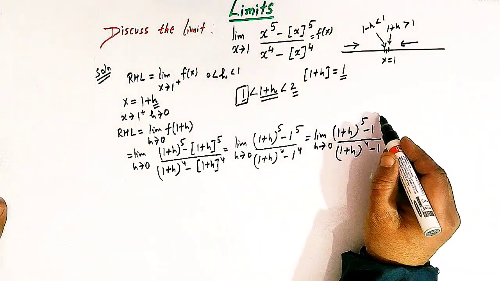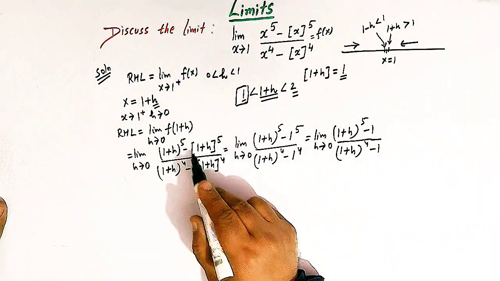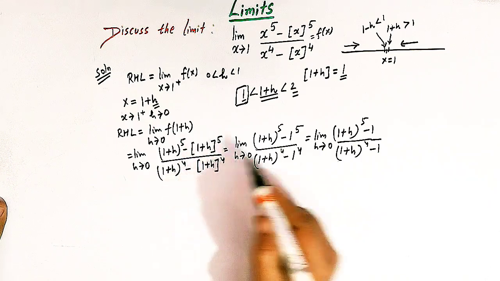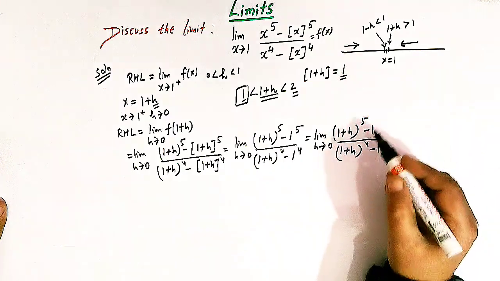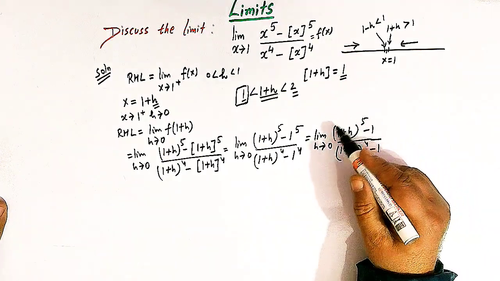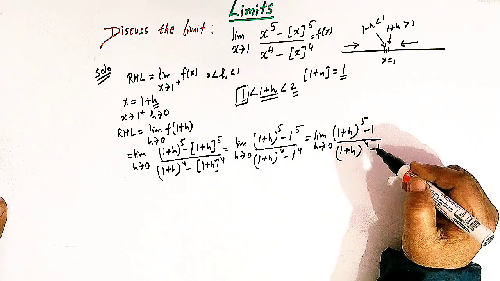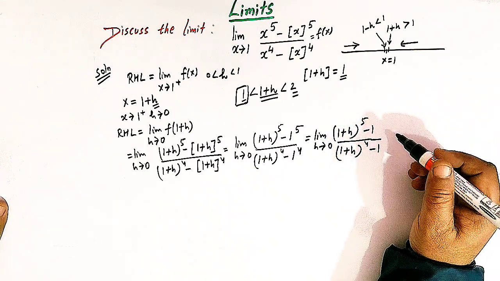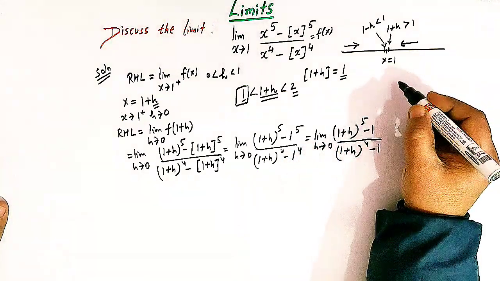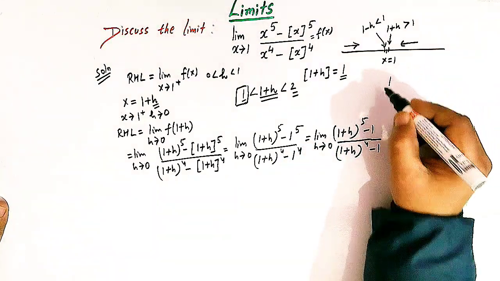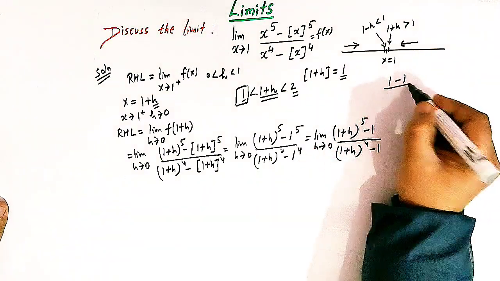Now we have to evaluate this limit. We have already got rid of the greatest integer function by taking the greatest integer of 1 plus h as 1. To solve this limit we have a variety of methods, but here we'll make use of the famous L'Hopital's rule, because when we take h equal to 0 in the numerator, we have 1 plus 0 is 1, 1 raised to 5 is 1, so we have 1 minus 1.